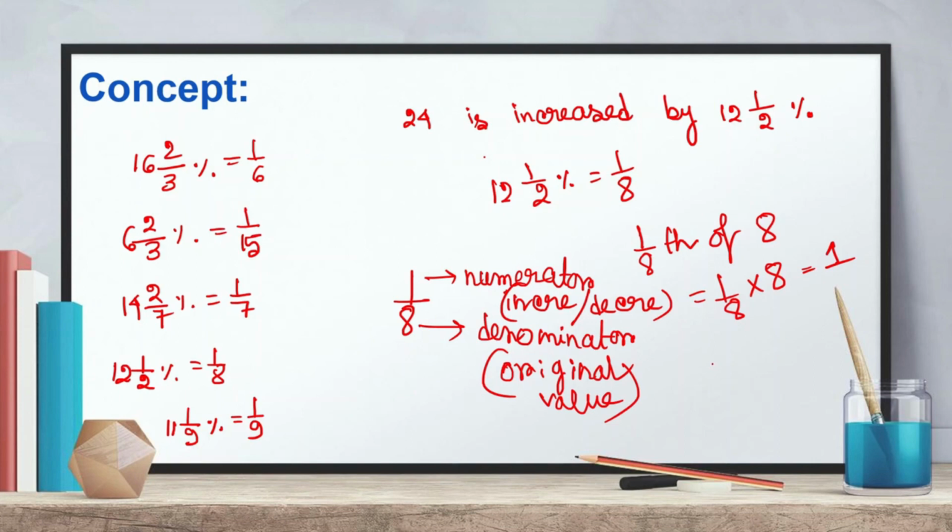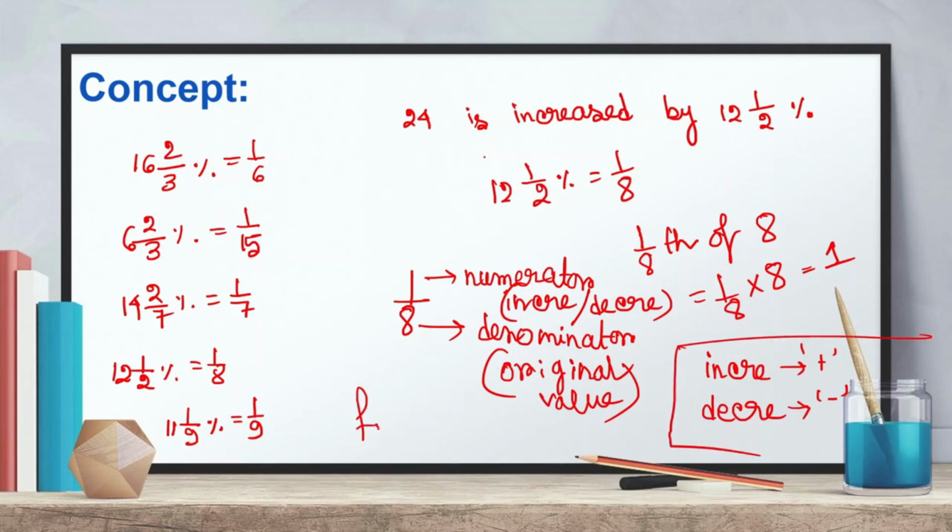If it is an increment, then we denote it by plus sign, and if it is a decrement, if the number is decreased, then we denote it by minus sign.